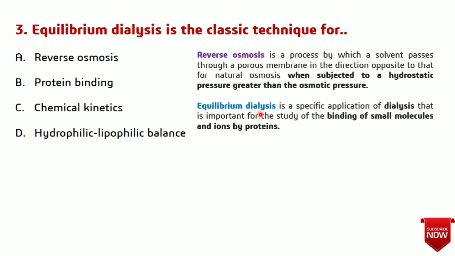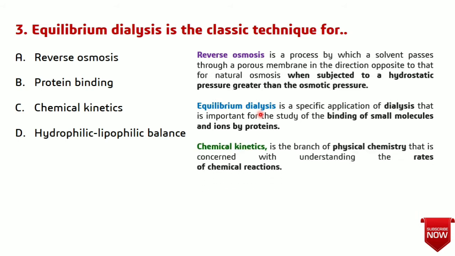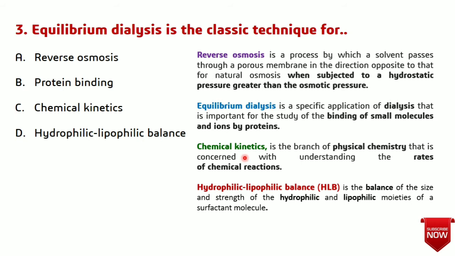Chemical kinetics is the branch of physical chemistry concerned with understanding the rates of chemical reactions. And hydrophilic lipophilic balance, HLB in short, is the balance of the size and strength of the hydrophilic and lipophilic moieties of a surfactant molecule. So equilibrium dialysis is the classical technique for protein binding.